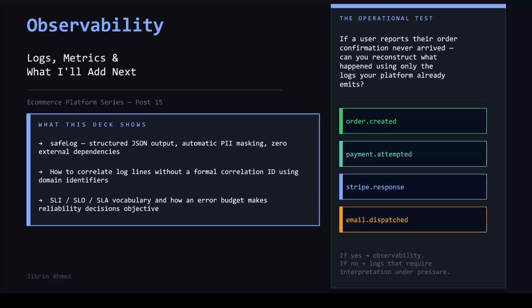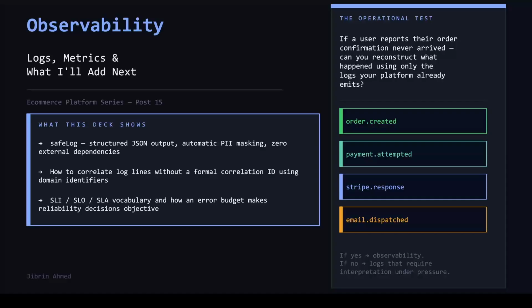Can I reconstruct the full timeline (order created, payment attempted, Stripe response, email dispatched or failed) without SSHing into a server, adding a log statement, or deploying new code? If yes, I have observability. If no, I have logs that require interpretation under pressure, which is a different thing. Right now, the answer is yes, because I structure my logs deliberately.